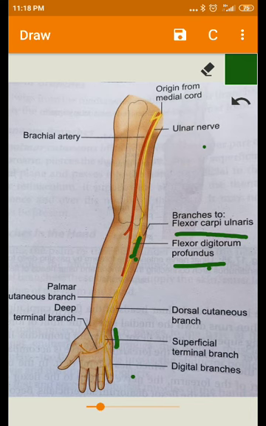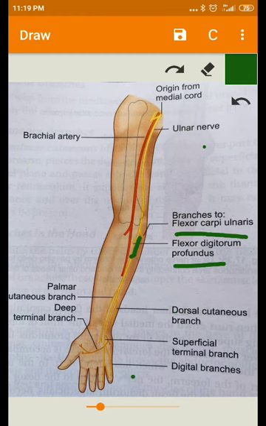So on the dorsal side also it is giving 3 digital branches. The most medial branch runs along the medial border of the little finger till the root of the nail. Okay, the next branch divides into 2 and supplies the lateral aspect of the little finger and the medial aspect of the ring finger on the dorsal side of the hand.